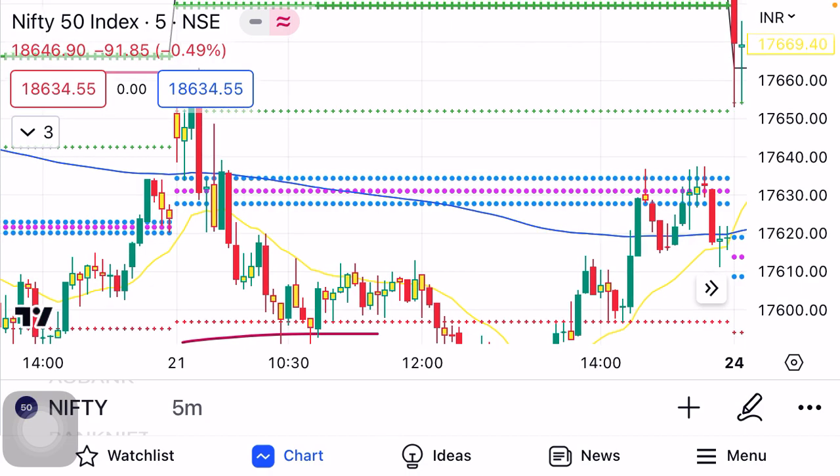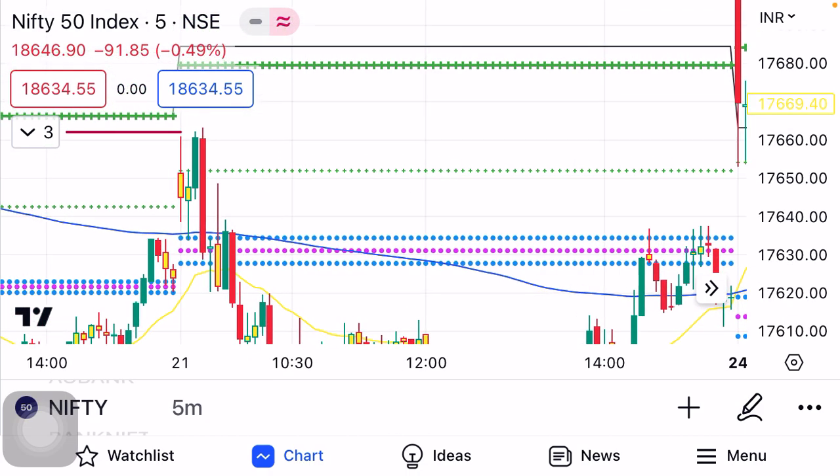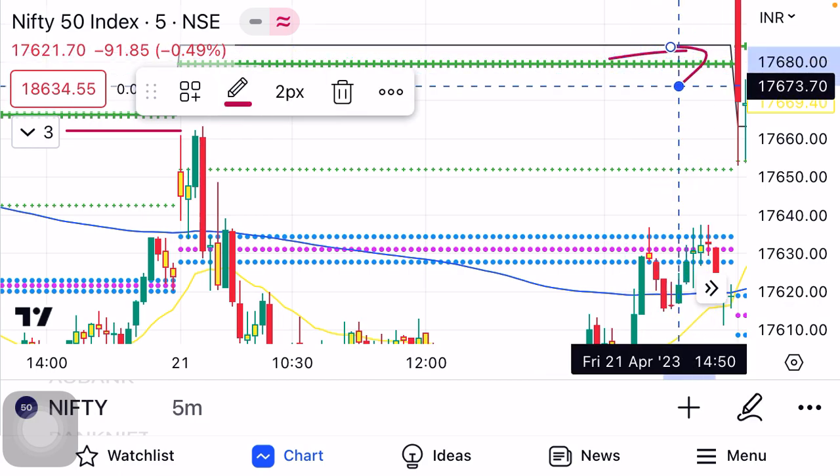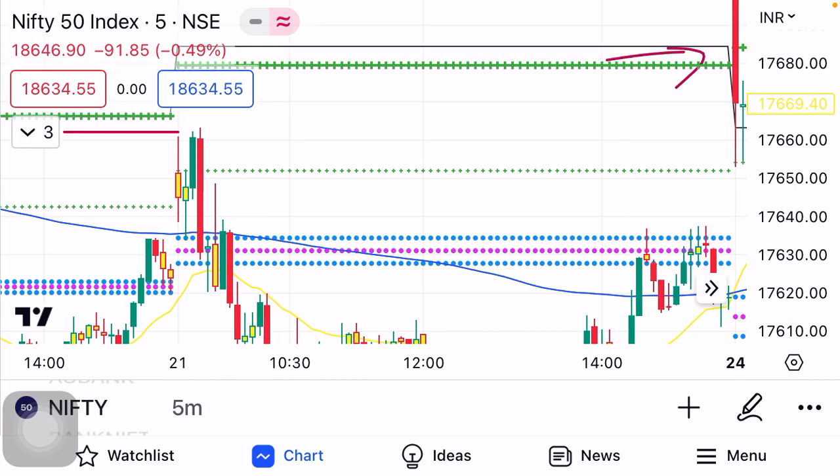And the next day is 24th. On 24th, it is a downtrend CPR, and the market is above H4, and we'll see the first 5 minutes candle.